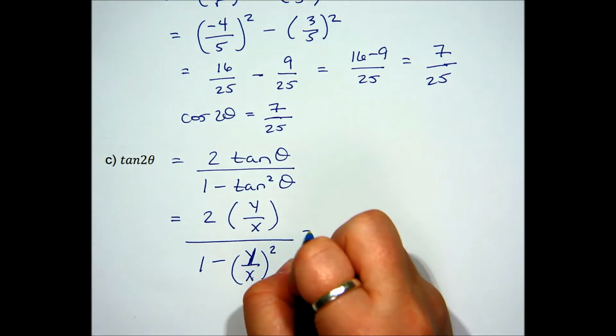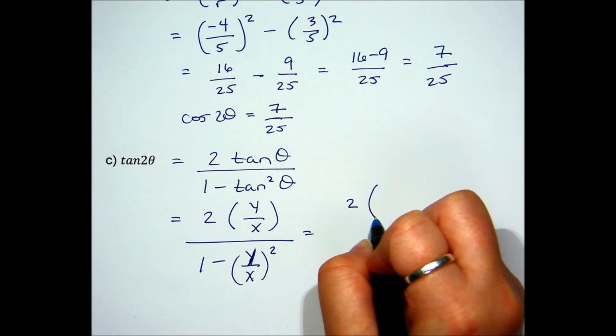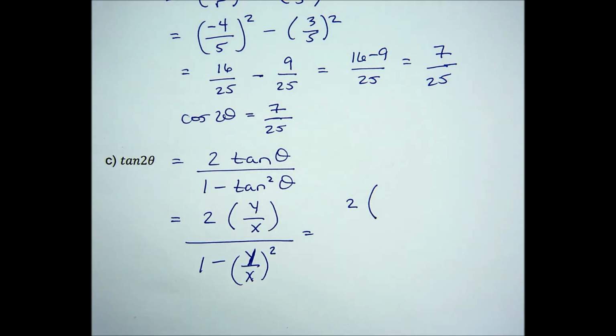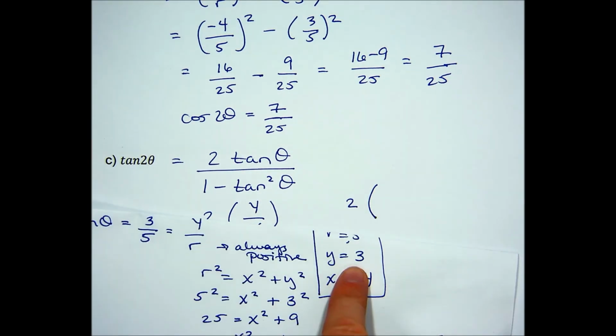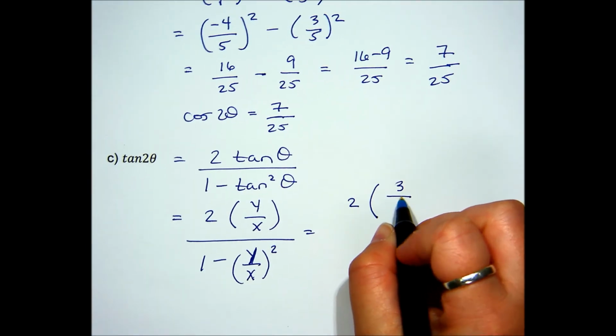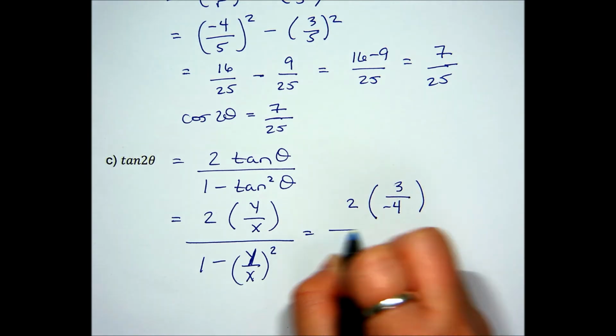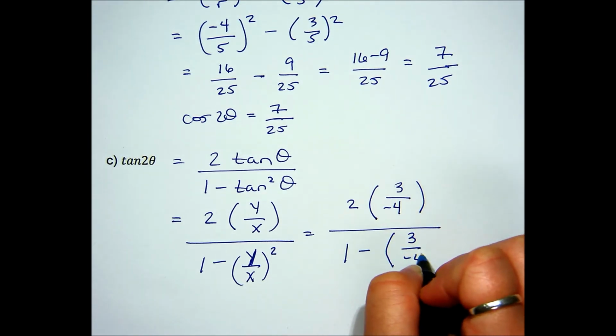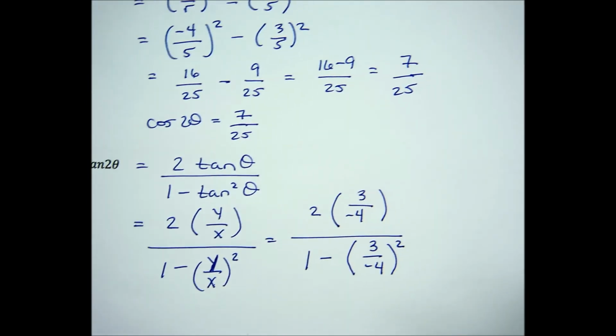Y over x. Okay, that means I have 2 times y. Y was 3. Is that right? Let's look. Yeah, y was 3, over x, negative 4. 1 minus (3 over negative 4) quantity squared.